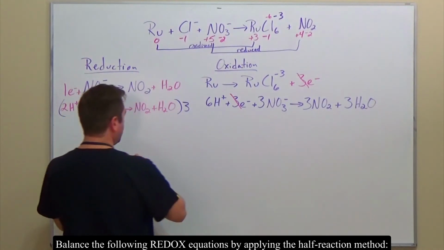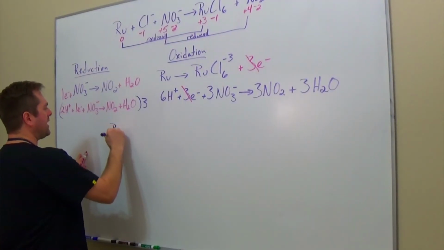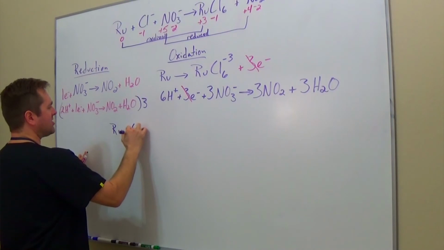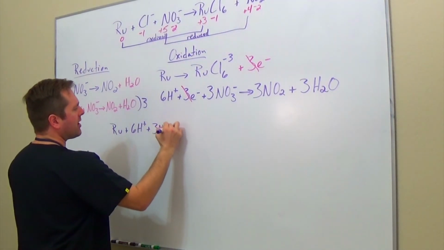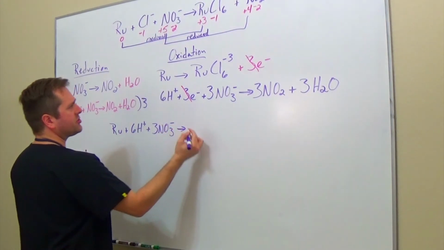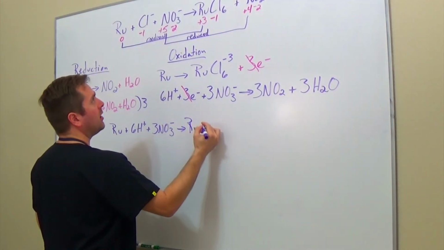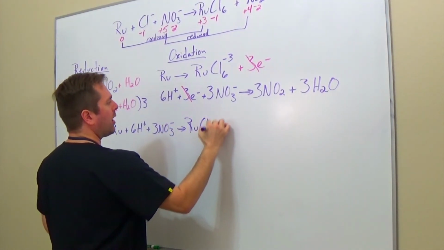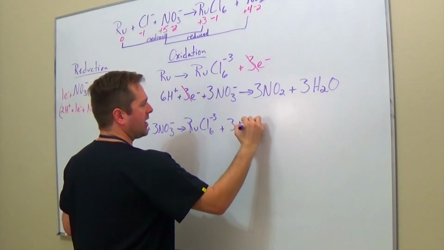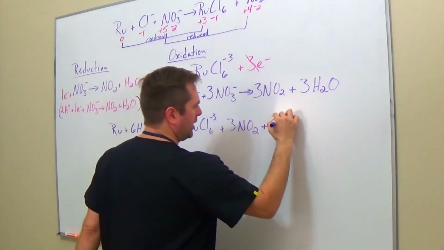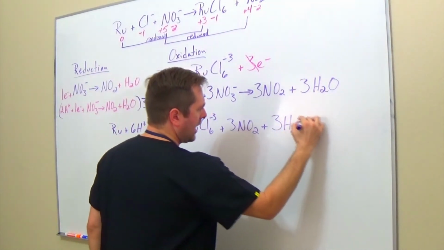So yeah, I'll go ahead and do that. We'll say ruthenium plus 6 hydrogen ions plus 3 nitrate ions yields this ruthenium 3 chloride ion plus 3 nitrogen dioxides plus 3 water. Okay.